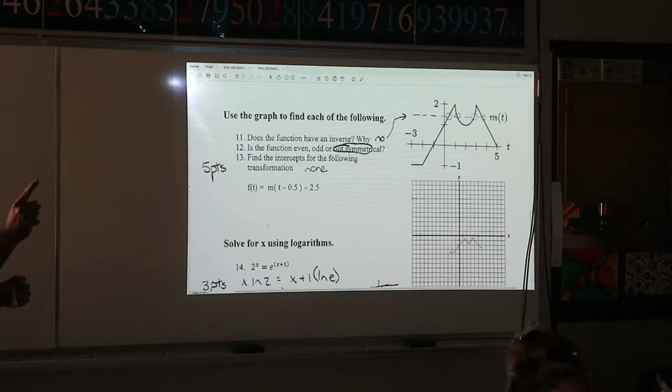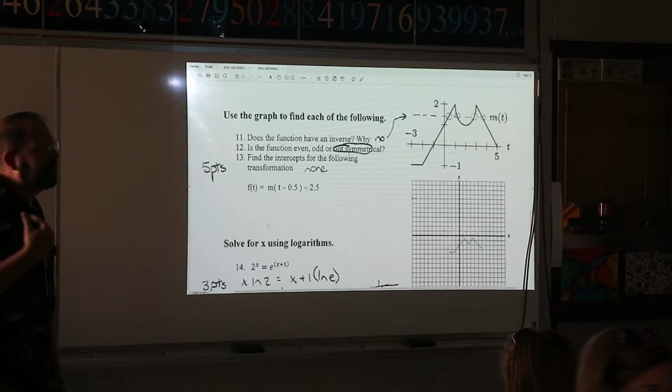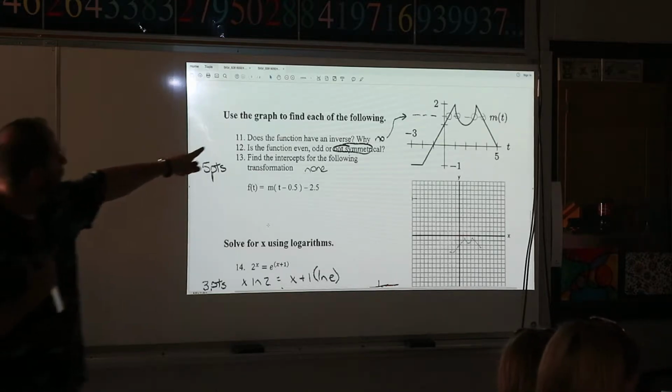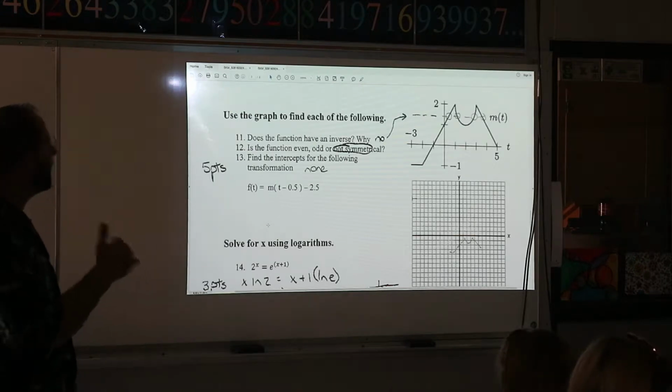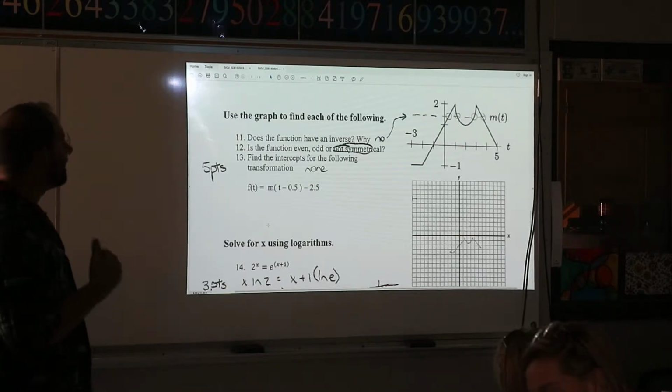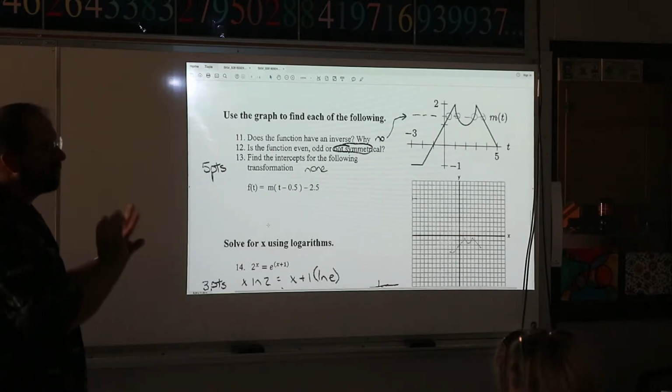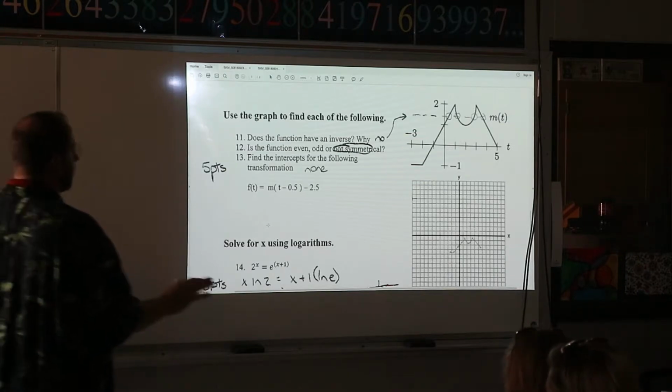Okay, now, number 11. Does this function have an inverse? No, you can see why. When you draw a horizontal line, it hits the graph more than once, so it fails the horizontal line test. It's not symmetrical, because the right and left sides don't look alike.